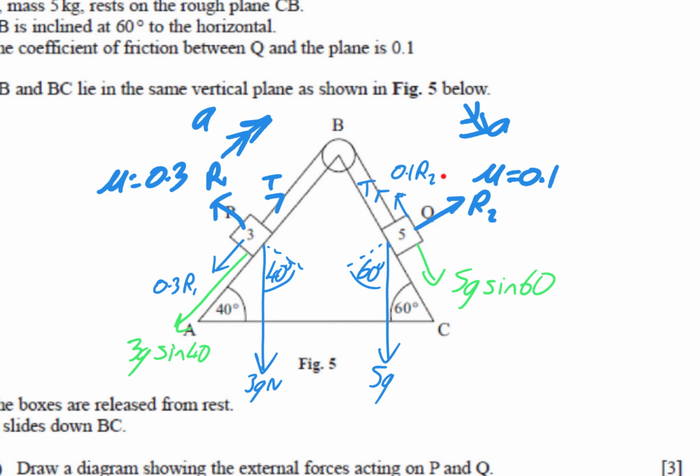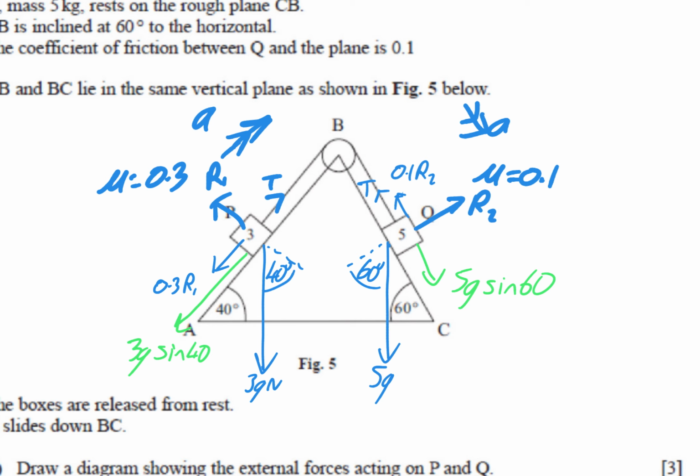Going against that is 0.1 R2. You've also got T going against it, but going for it is T, so we can ignore that. Then going against it, you've got 0.3 R1, and you've got 3g sine 40. So there's only really one thing going for the system, and everything else, the 0.1 R2, the 0.3 R1, and the 3g sine 40, are all going against it.